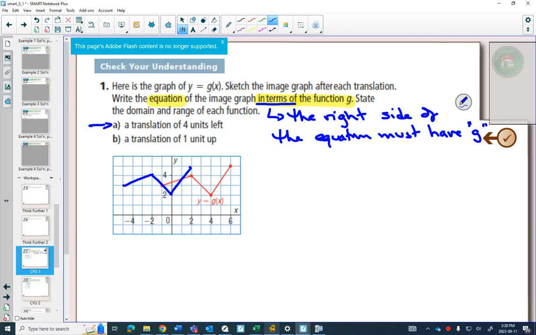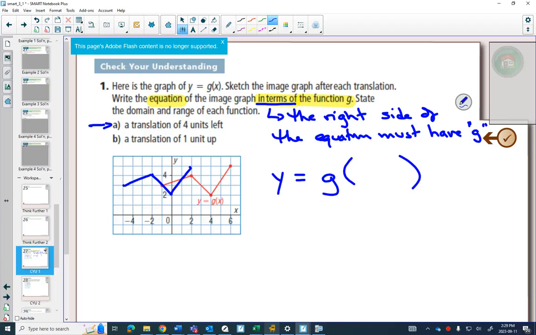So this part here says, write the equation in terms of, and you'll see this in terms of often, the function g. What that means in our situation is we need an equation, so we're going to say y is equal, and on the right-hand side of this equation, we need g. G is a function, and in our situation, do you see that our blue graph was the original graph moved 4 to the left?